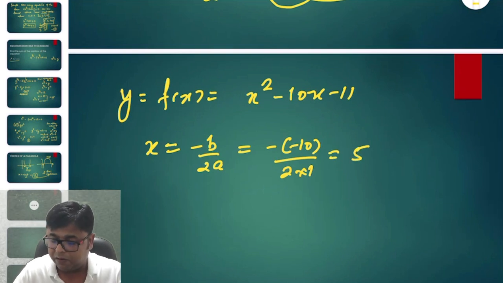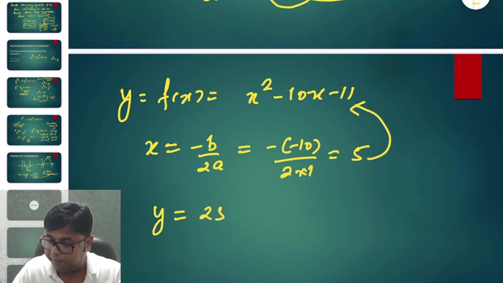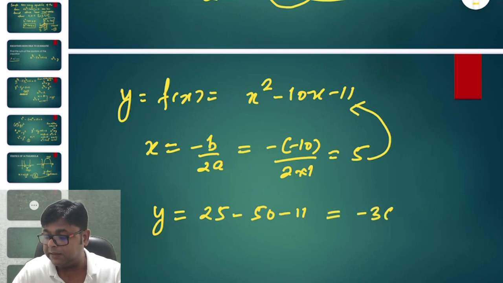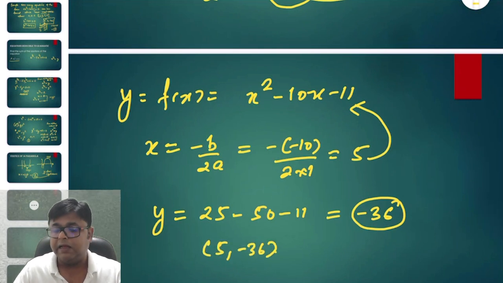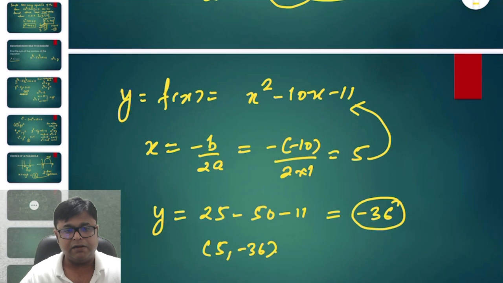How will I find the y coordinate? I'll just put the value 5 here, and I'm going to get 25 minus 50 minus 11, which will give me minus 36. So the vertex of the parabola is 5 comma minus 36. Similarly, I can find it for the other curve also, if it is a cap-shaped curve where a is less than 0.